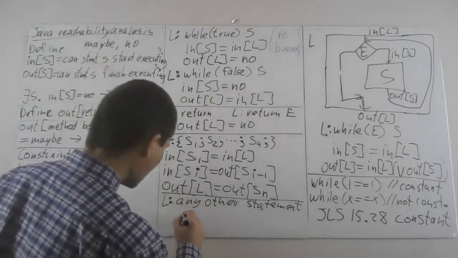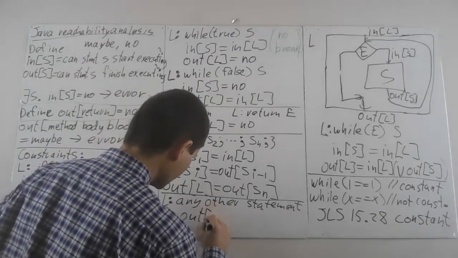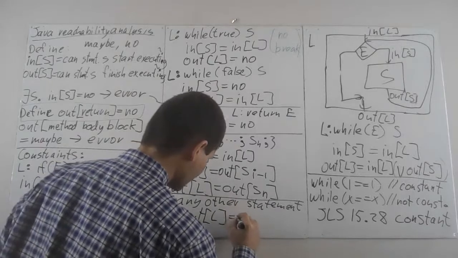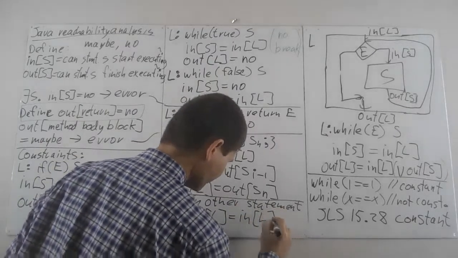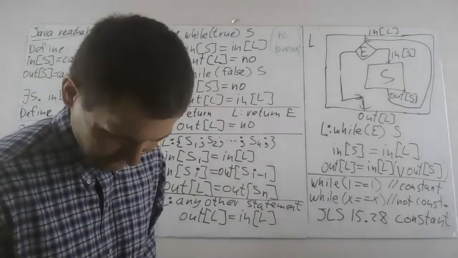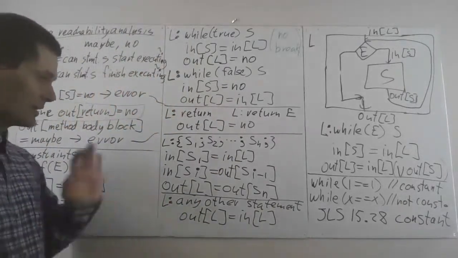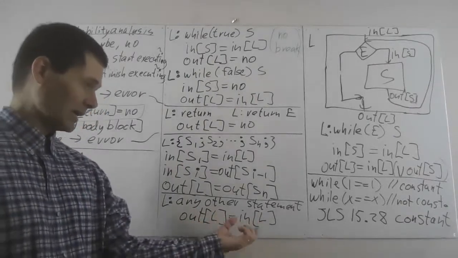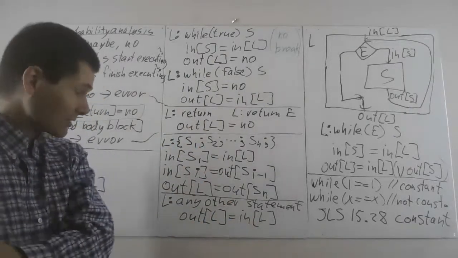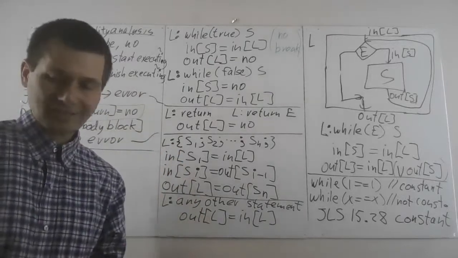We just say out of L is in of L. So for anything else, you don't do anything fancy. It's just if the statement can start executing, then it can finish executing.